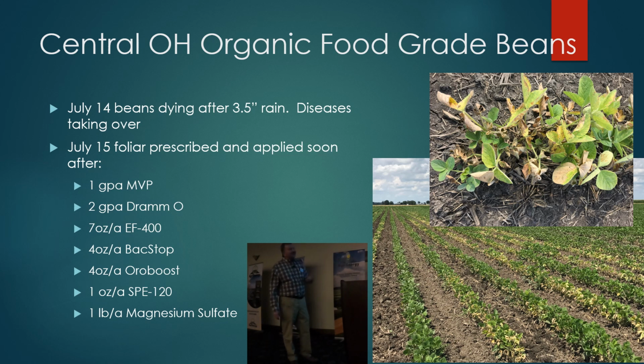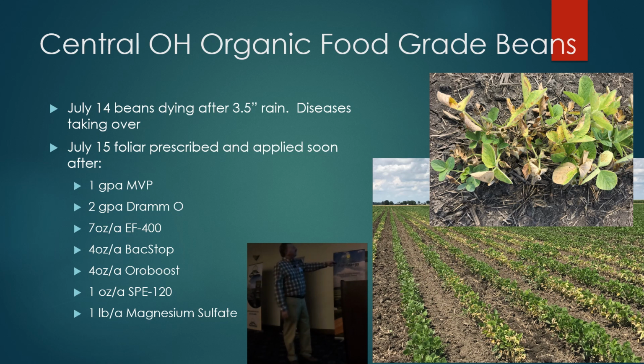And you have, of course, biology, the MVP, you have a little fish, then EF400, an organic fungicide that backstops an organic bactericide, as well as Oro Boost, which helps a foliar penetrate the leaf and go into the plant better, SPE 120, which is a Beauveria bassiana product, and then magnesium sulfate.